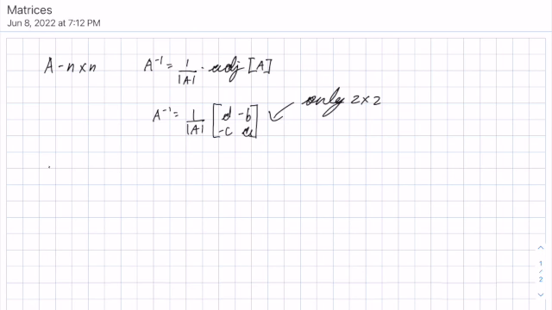So for a 2 by 2 matrix, the adjugate of A is equal to a lot of swapping: D, negative B, negative C, and A. This is only for 2 by 2 matrices. Finding the adjugate is very different when you have bigger dimensions of matrices. But for a 2 by 2, it's as simple as swapping and just multiplying by negatives, I guess.